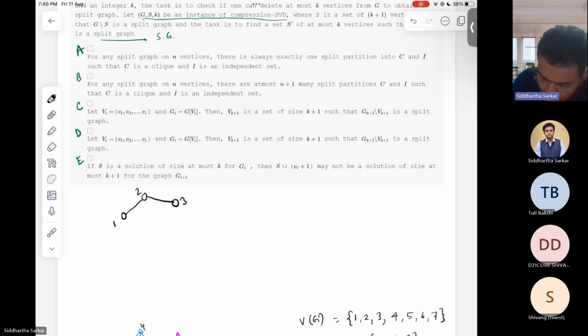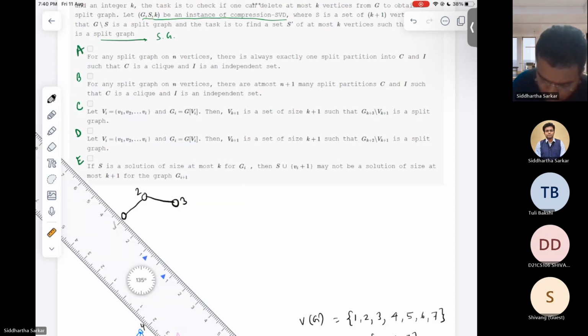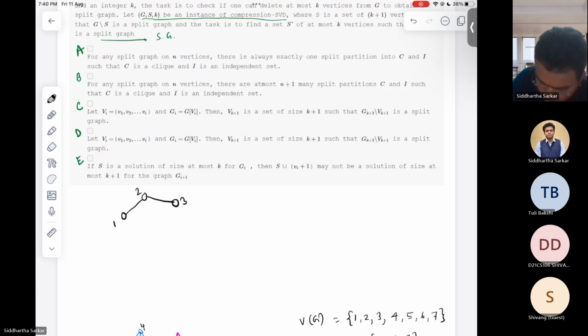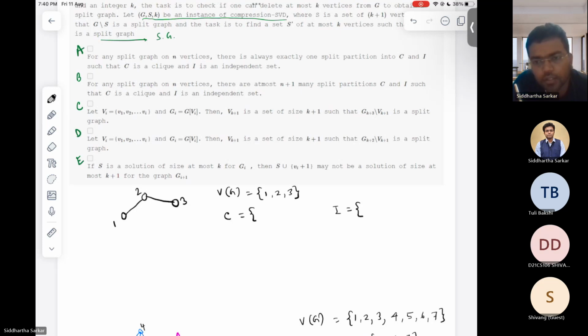So I want to write two sets, one for C and the other for I. So do you want to give it a try? Which part is a clique and which part is the independent set?